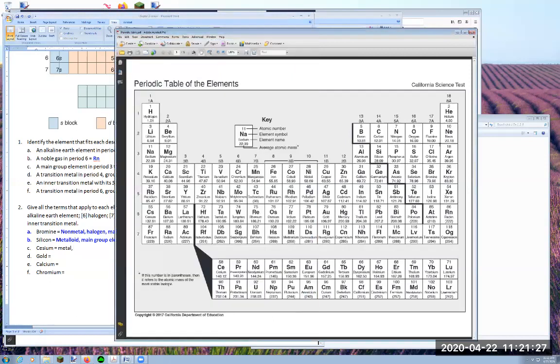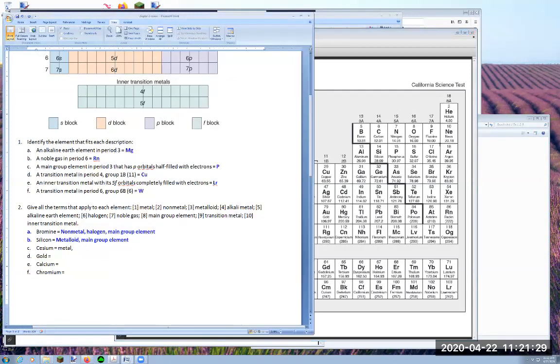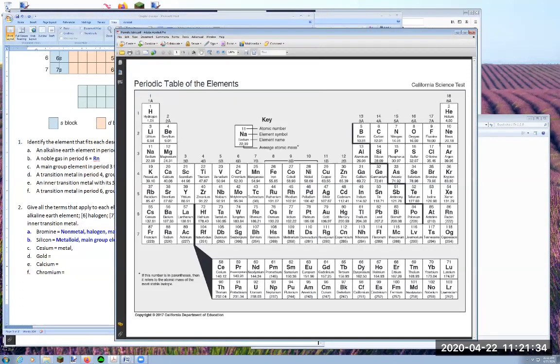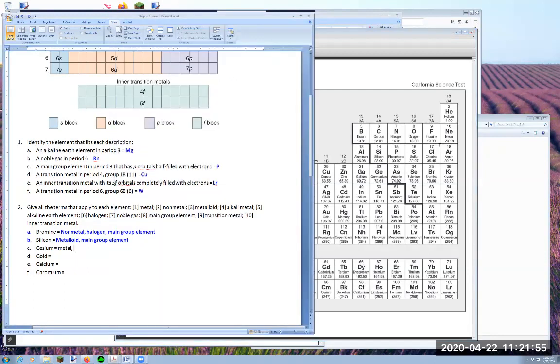So then, can we give it a name, like from alkali metal, alkaline earth, halogen, noble gas? Can we give it a name like that? It's an alkali metal, right?